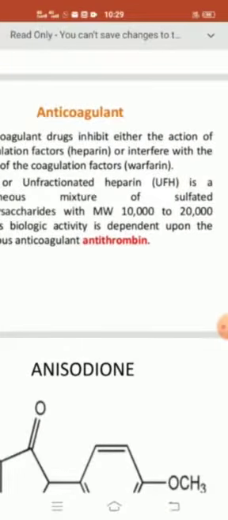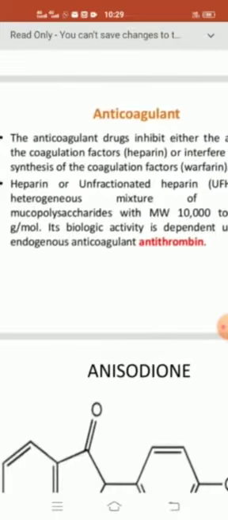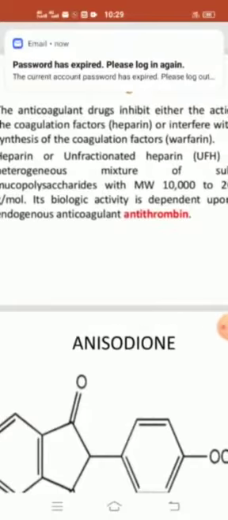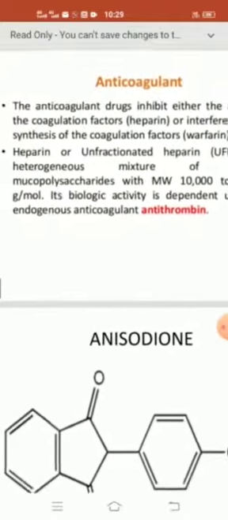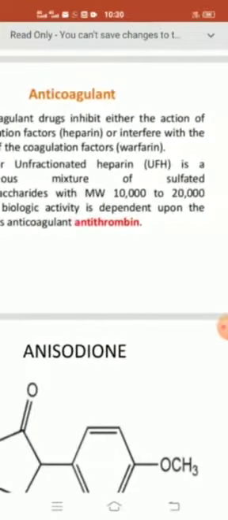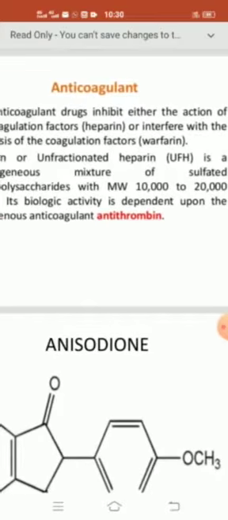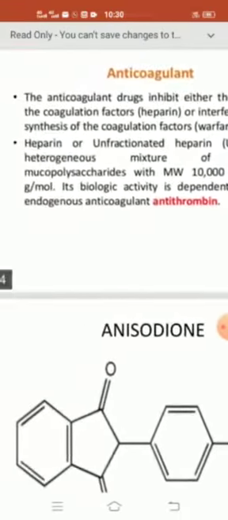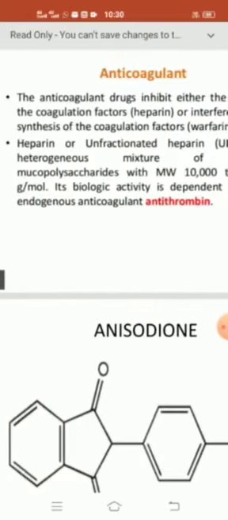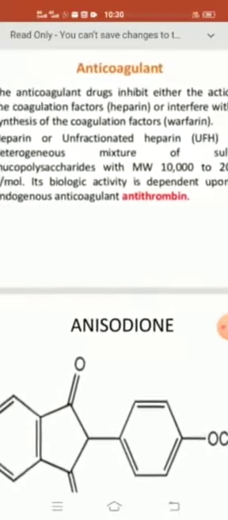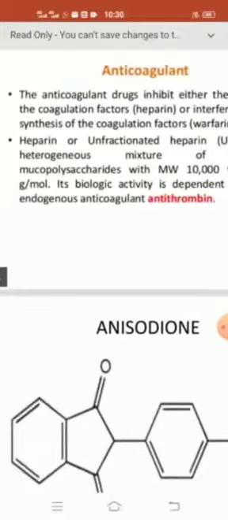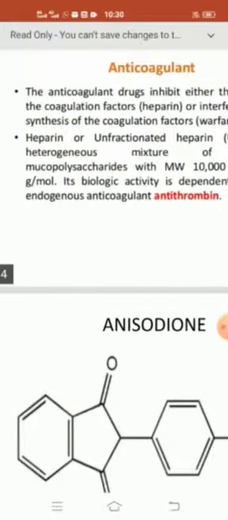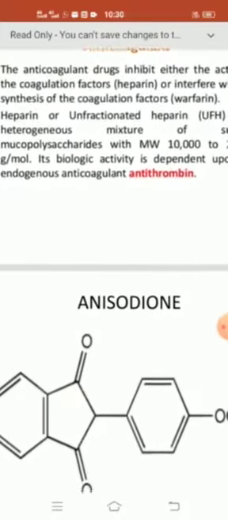Heparin, or unfractionated heparin, in short UFH, is a heterogeneous mixture of sulfated mucopolysaccharides with a molecular weight of 10,000 to 20,000 grams per mole. Its biological activity is dependent upon the endogenous anticoagulant antithrombin.